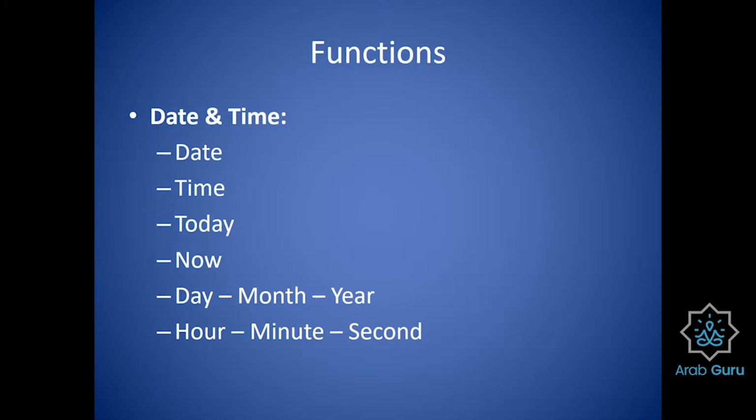That means if you have a date, you can separate only the days or months or years, or if it has some hours, you can split it and get only the hours or minutes or seconds. Let's see something like this.